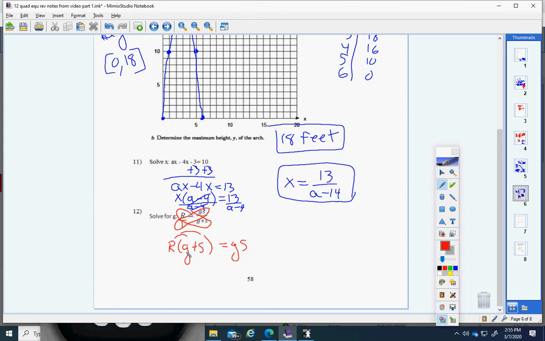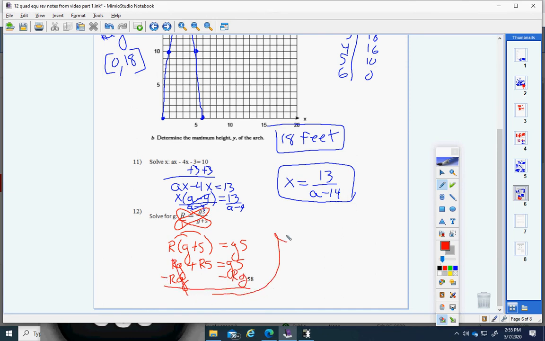I am trying to solve for G, but the G's are on two different sides, so I'd like to get them on one side, but since this G is caught up in parentheses, I have to distribute. I don't always distribute in literal equations, but in this case I have to, because the G is caught in the parentheses. Because now I can subtract the RG from both sides to get the G's to one side.